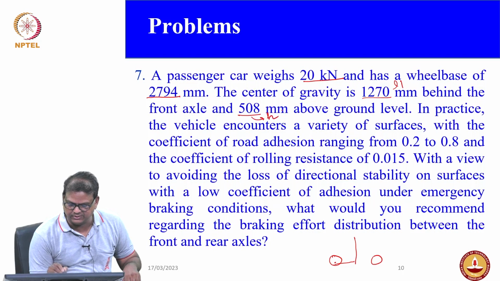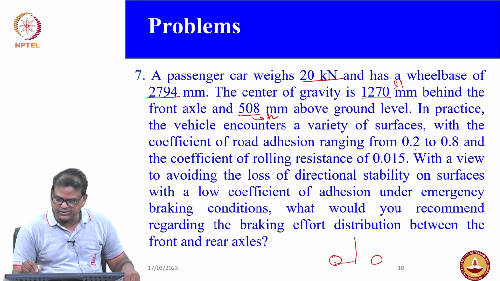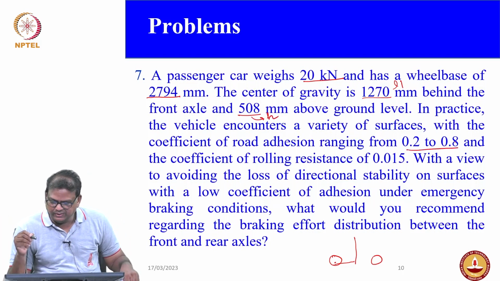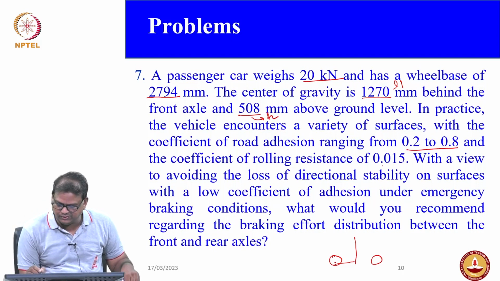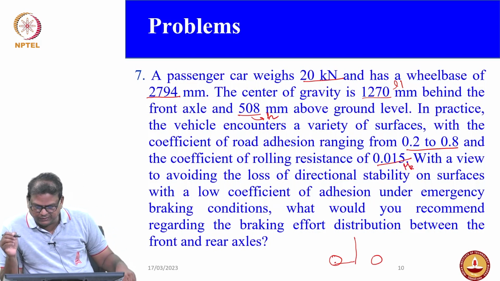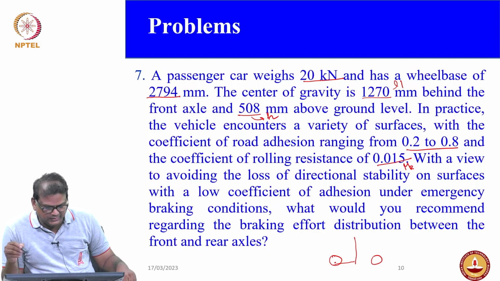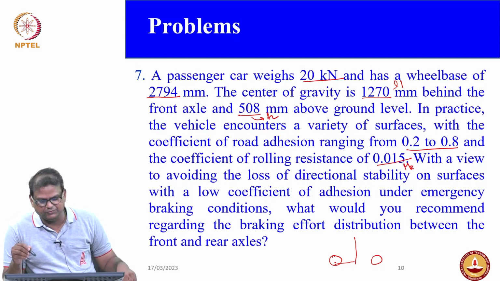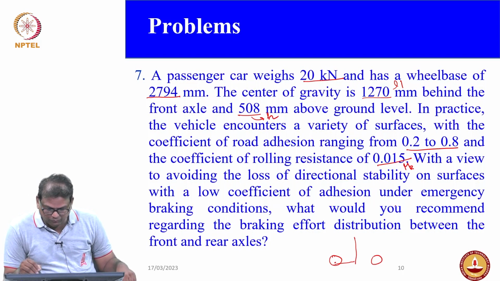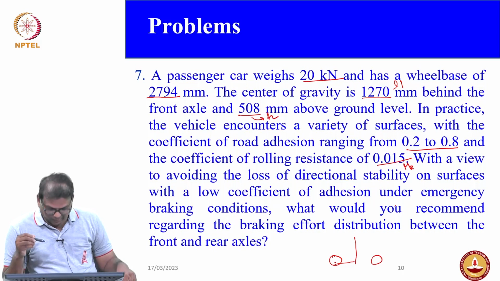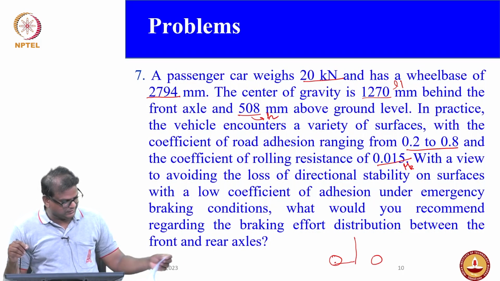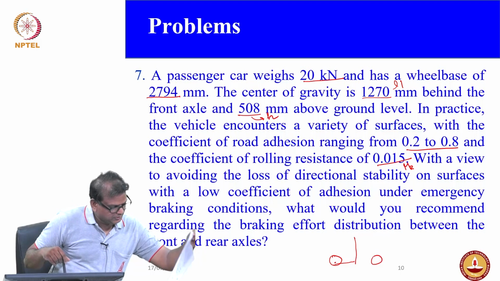This H is given, and you have to change the mu s from 0.2 to 0.8 with the mu r clearly given as 0.015. Okay, with the view of avoiding the loss of directional stability on surfaces with the low coefficient of adhesion under emergency braking condition, what would you recommend regarding the braking effort distribution between the front and rear axle? That is the question.